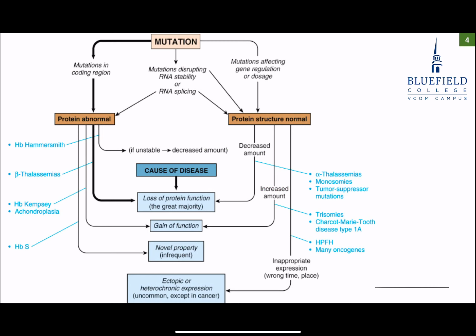It's alpha thalassemia. Monosomies can also be treated as such. Tumor suppressor mutations. Trisomies, Charcot-Marie-Tooth disease type A, are examples of abnormal upregulation of a gene. So there's more product than expected leading to these conditions.